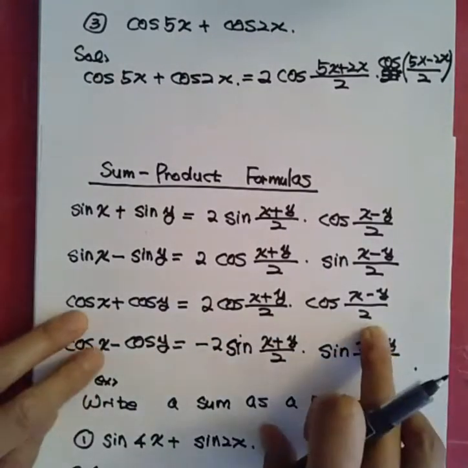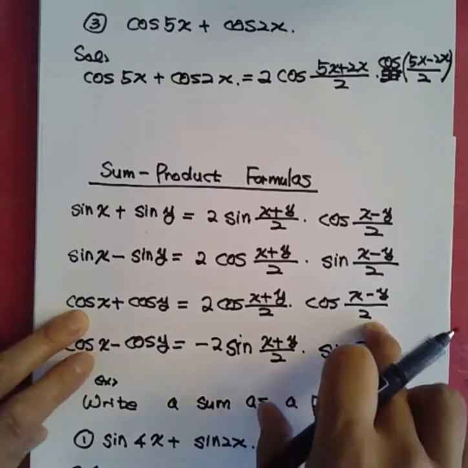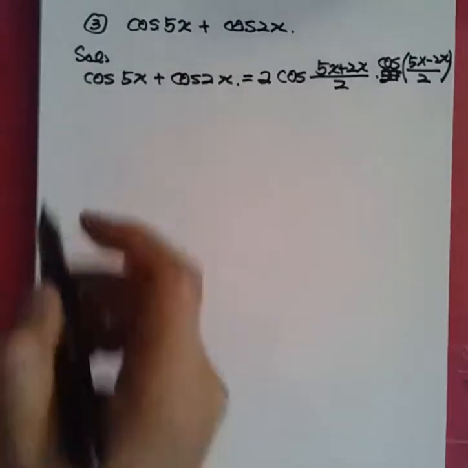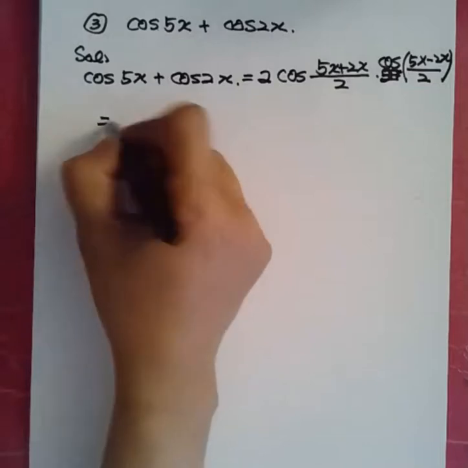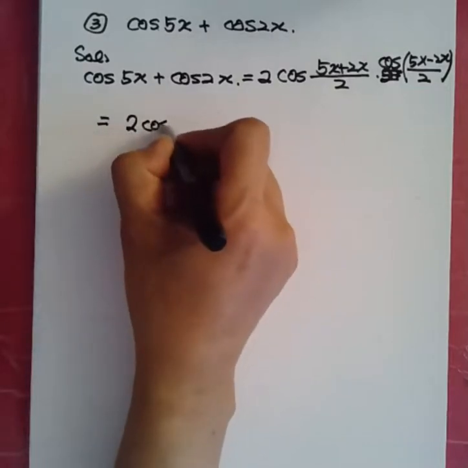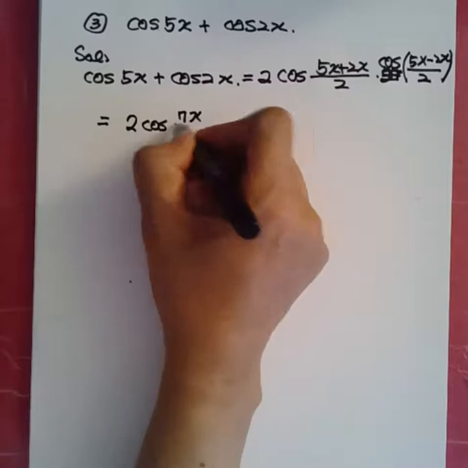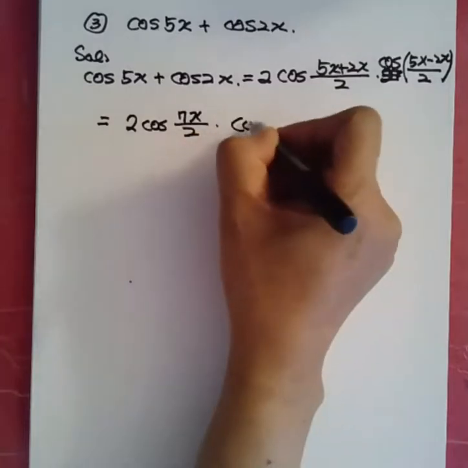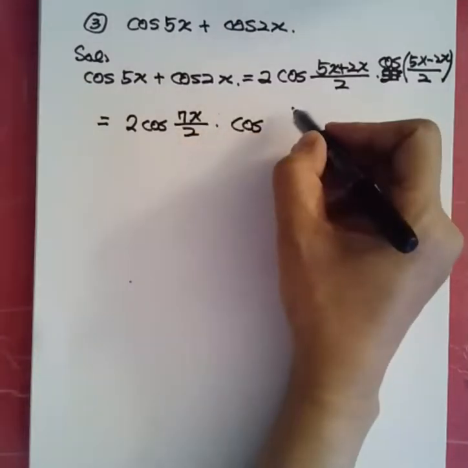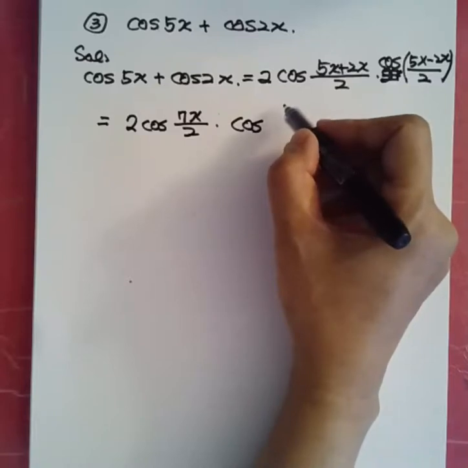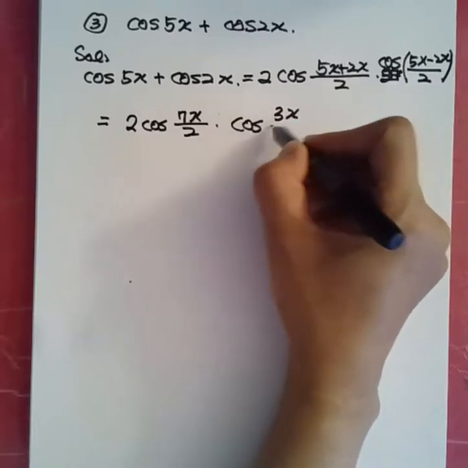We used this formula. Let's simplify. Then that becomes 2 times cosine of 7x over 2 times cosine of 3x over 2.